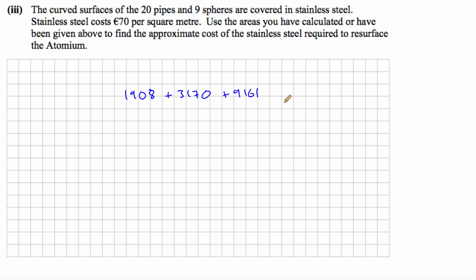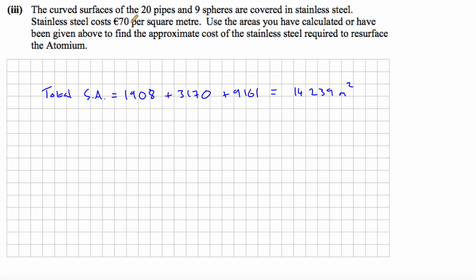So they were all of my surface areas. So when I add them together, I get 14,239 on the calculator. So it's 14,239 meters squared. That's the total surface area.